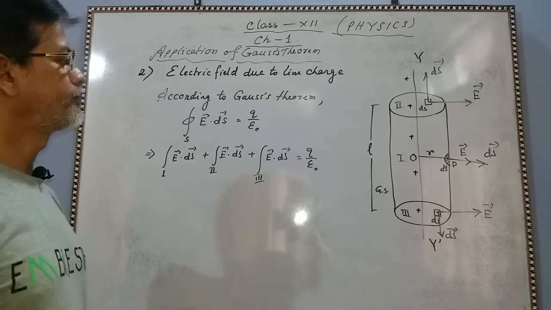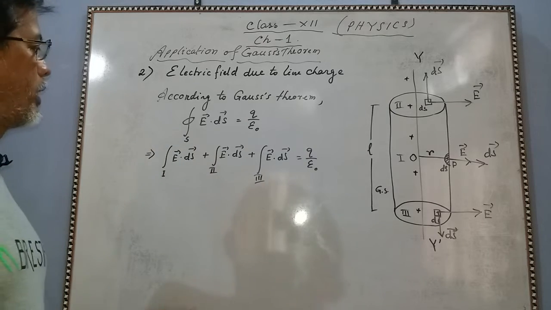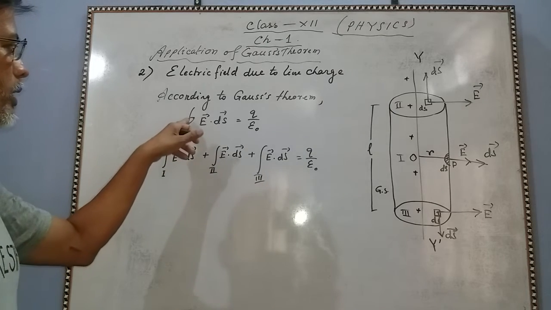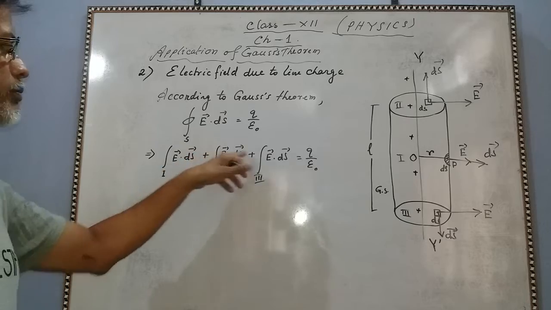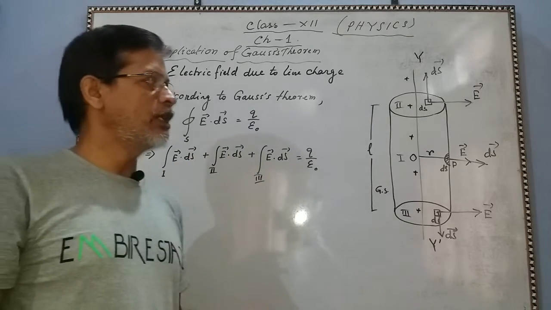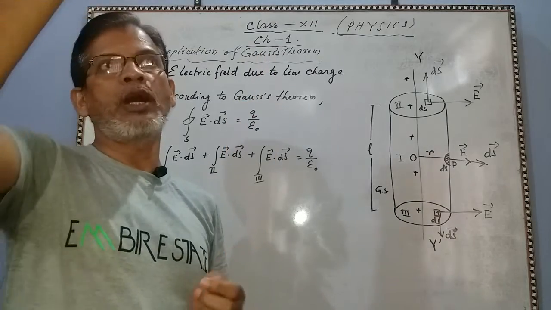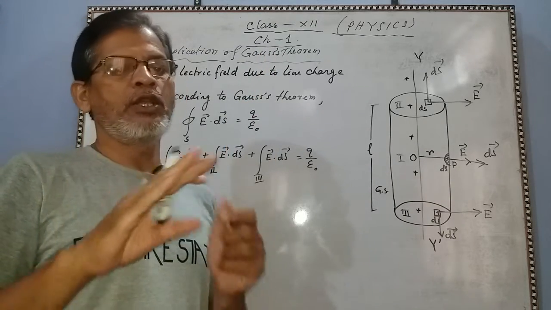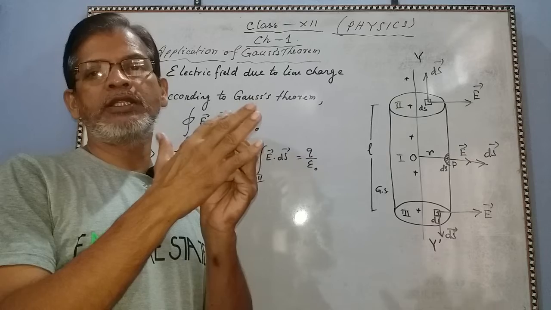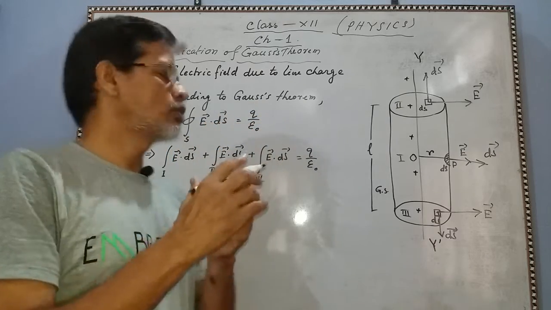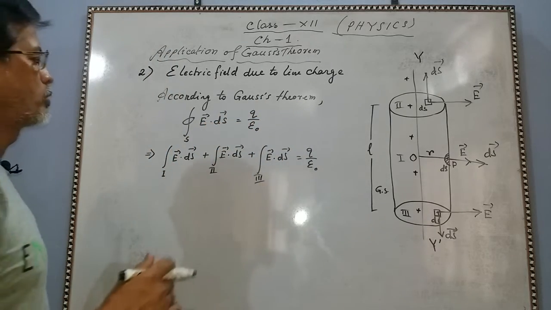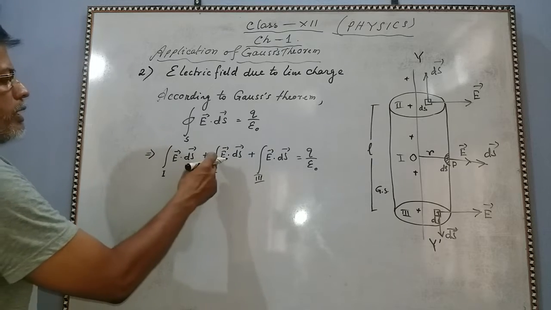Now you see here, this is closed, but here this symbol is not written, because when you take the curved surface, this is not closed. The upper part and lower part are also not closed, due to which we have taken only the integration symbol.